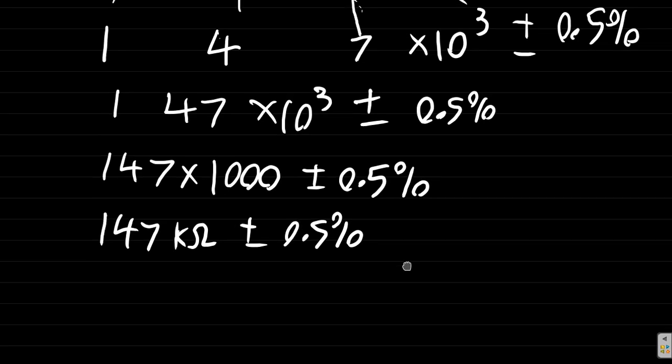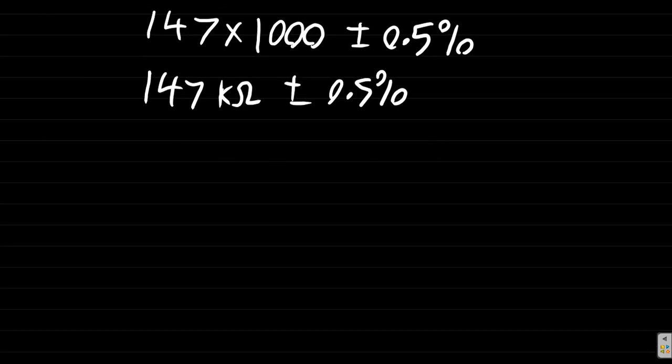Now, the average resistance is expected to be close to 147 kilo ohms. But there's a tolerance. It may be 0.5% higher or 0.5% lower. Let's look at the highest expected resistance.